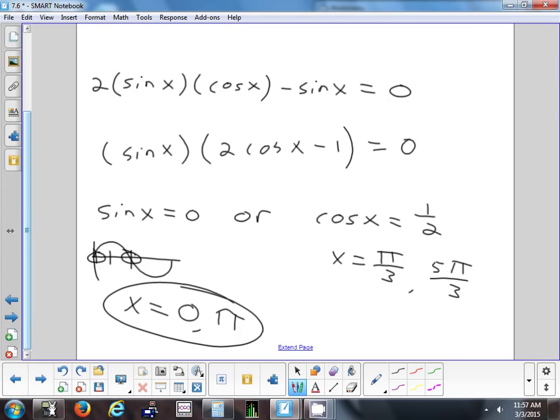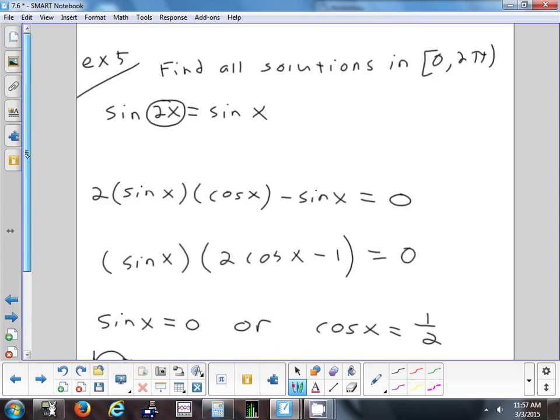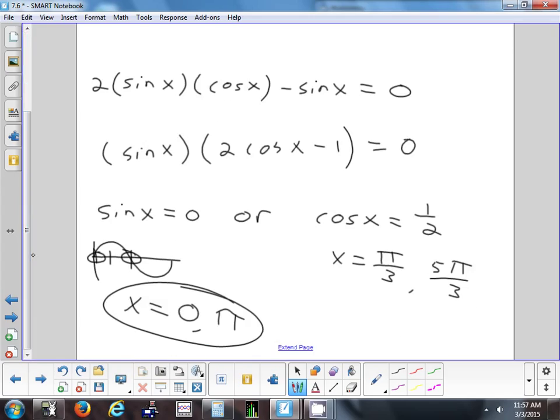Okay, we don't count this last one because they said not to by putting a parenthesis on 2 pi. So you cannot include 2 pi. It's a repeat of 0. Okay, sometimes the book, they might write these answers in numerical order. So 0, pi over 3, pi, 5 pi over 3. As long as you have all the answers, you don't have to write them in a certain order.